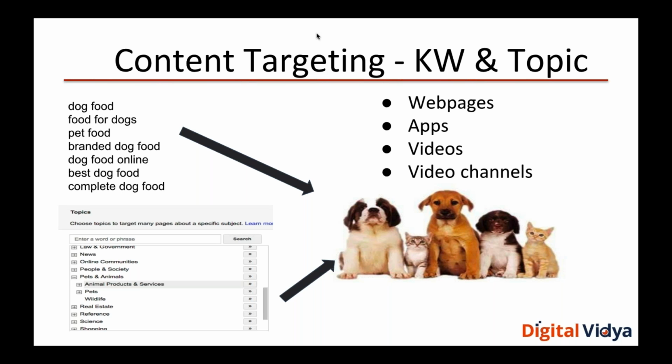Next, it will look at all the different web pages and identify the theme of each web page, by looking at the text and content of those pages. And when the theme of the web page or the mobile app page matches the theme of the keyword list, that's how the ad is triggered from the ad group for that page.